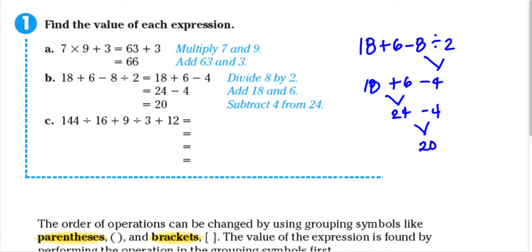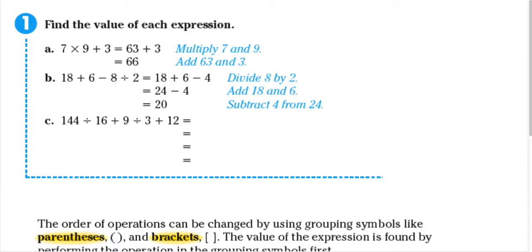Example C, let's take a look at how this works. We have 144 divided by 16 plus 9 divided by 3 plus 12. Again, following the order of operations, we have division first.